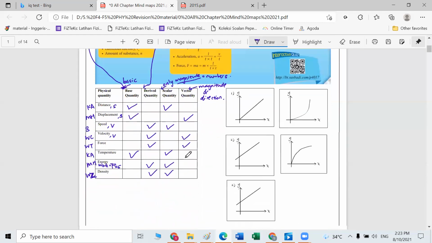So normally this is in the objective first questions. They'll say which one is scalar quantity, which one is base quantity, which one is derived quantity. They won't ask all of this together. They just ask one type of quantity.